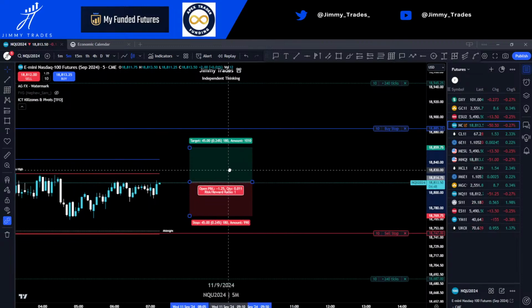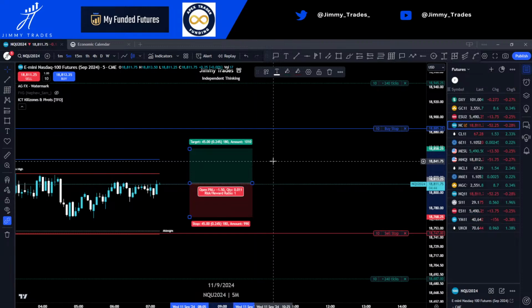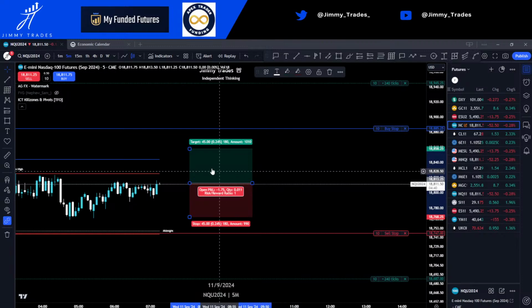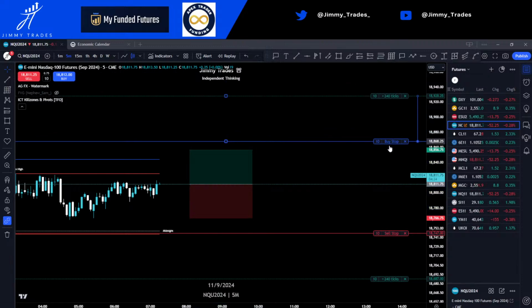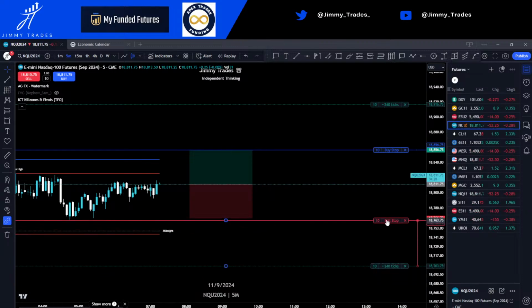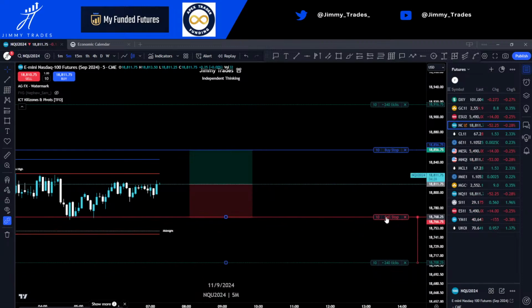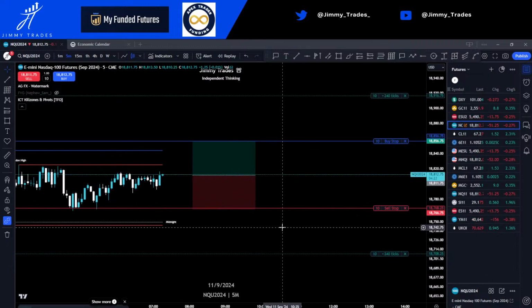And within about 10 seconds before news drops, we want to hold shift and drag our order to the top of our position and move the bottom. Okay. And that's set then.